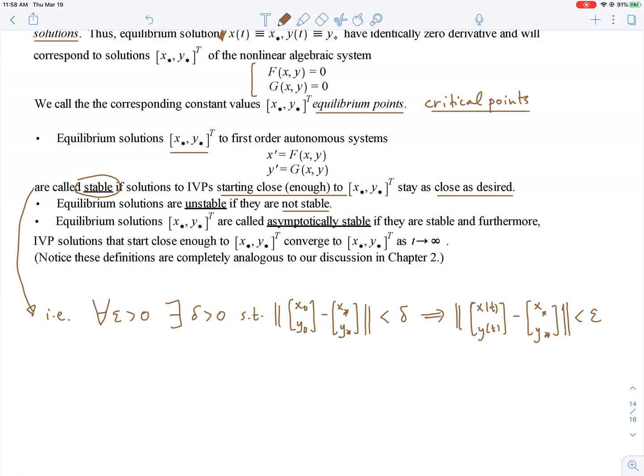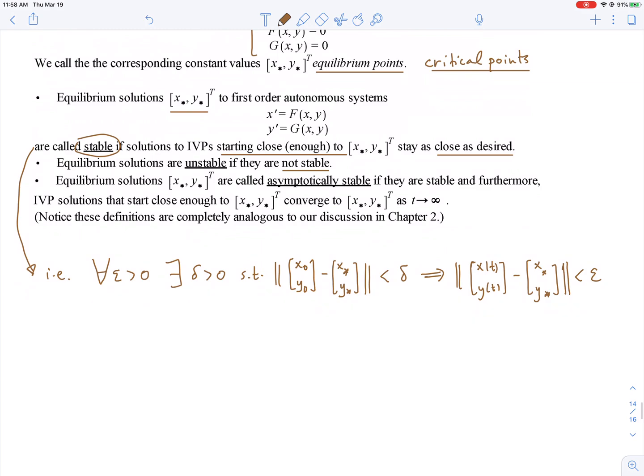So there's some epsilon for which there does not exist a delta. So there's some epsilon so that no matter how small you make delta, even if you start within that distance delta, then for some of those x naught, y naughts, the x of t, y of t is not going to stay within distance epsilon of the equilibrium point.